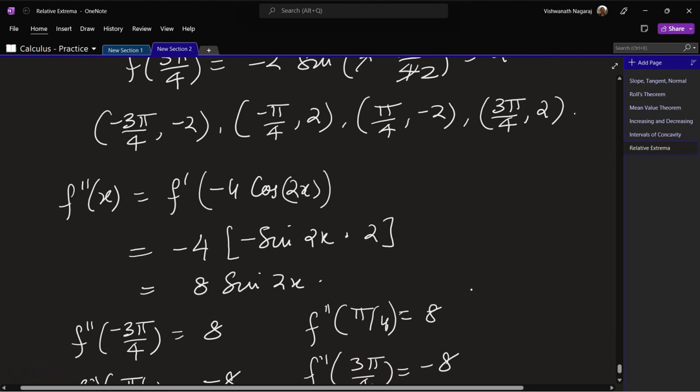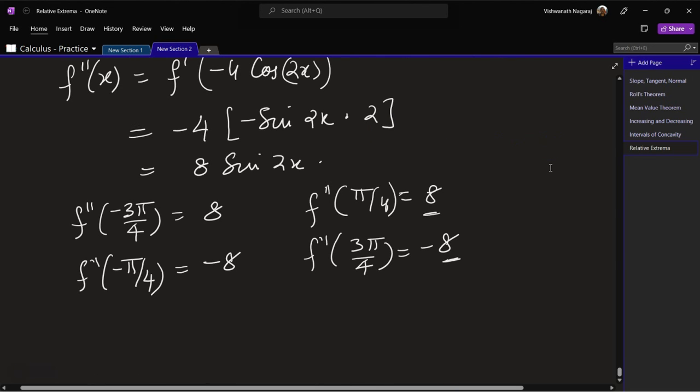That means plus, minus, plus, minus. So this is going to be a relative minimum because this is positive. This is going to be a relative maximum because this is negative. Relative minima and relative maxima. Okay, that was the 16th.